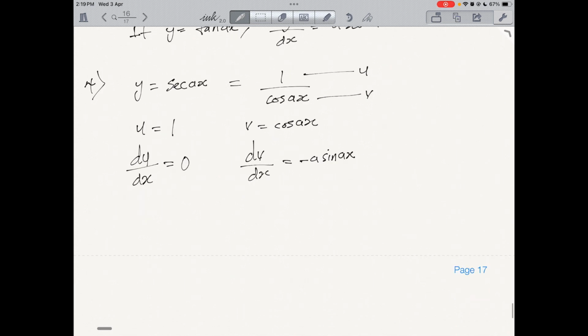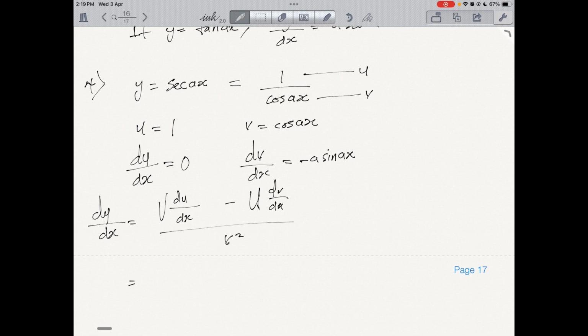Therefore, we can apply the quotient rule that says dy/dx is equal to v du/dx minus u dv/dx, divided by v squared.